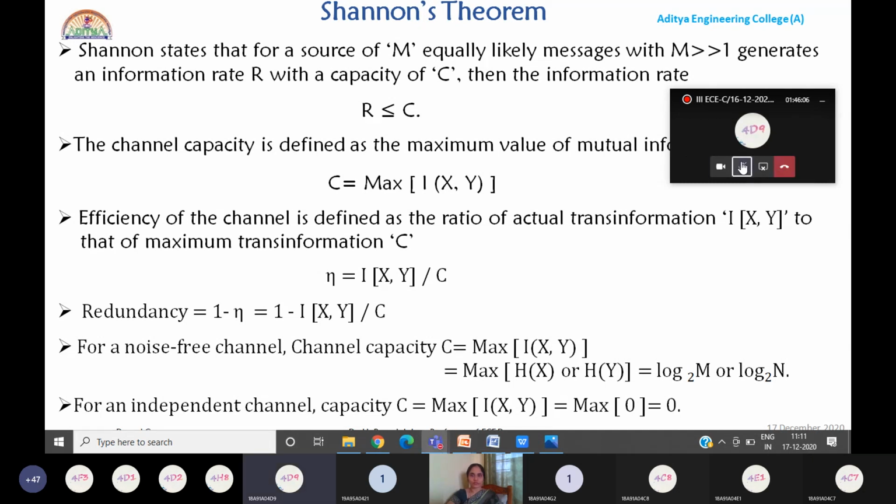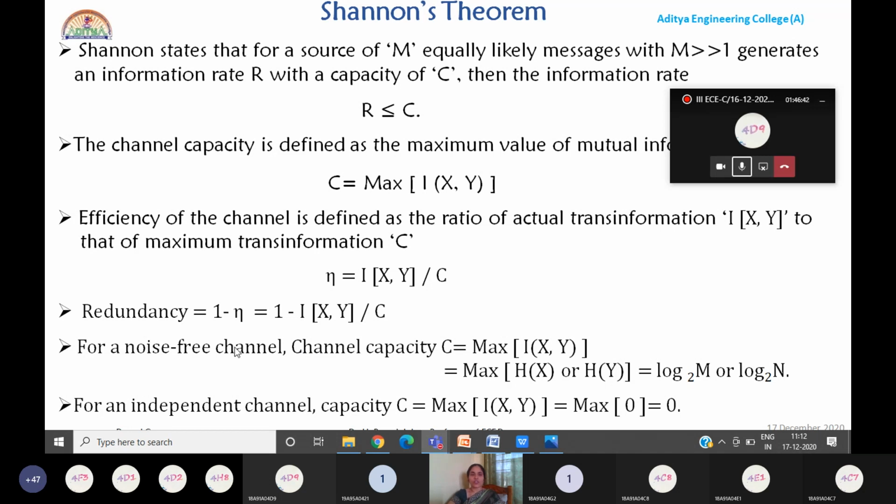I of xy is equal to h of x is equal to h of y. Okay, because h of y by x or h of x by y, conditional entropies, are 0 for a noise free channel. For a noise free channel you will get the matrix as a unity diagonal matrix. So h of x by y, the conditional entropy of the transmitter knowing the receiver, or h of y by x, the conditional entropy of the receiver knowing the transmitter, is 0.